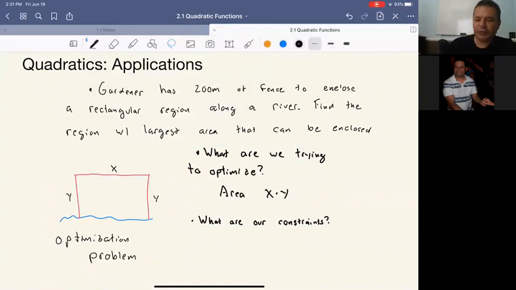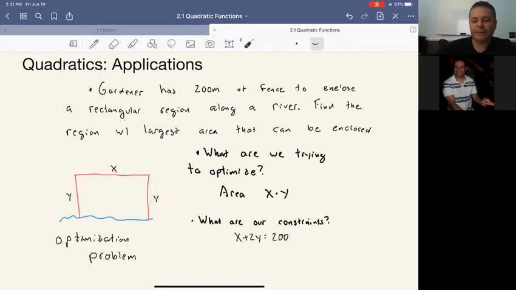So 200 meters of fencing, how does that translate into an algebraic equation? Well, that means that x plus 2y equals 200, right? The perimeter of our figure equals 200.